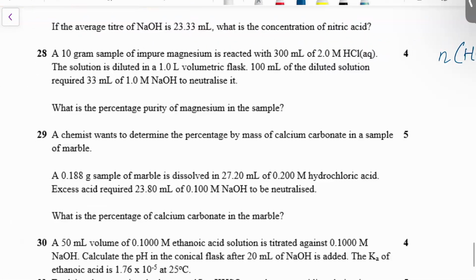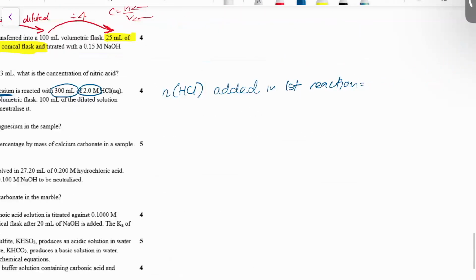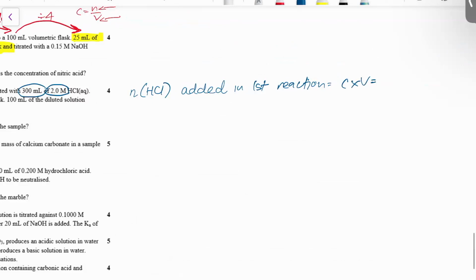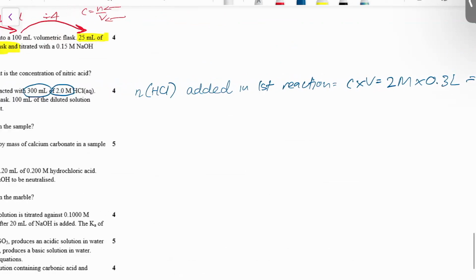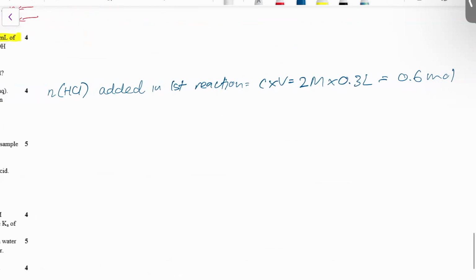So the amount of HCl that you added with the magnesium at the start, it was a 2 molar concentration, and it was 300 mils. That doesn't mean all 300 mils reacted. It's added in excess. So C times V, 2 molar times 0.3 liters. You guys don't need to pop this in the calculator. It's 0.6 moles. Hopefully I got that right. That would be embarrassing. So you added 0.6 moles in total.